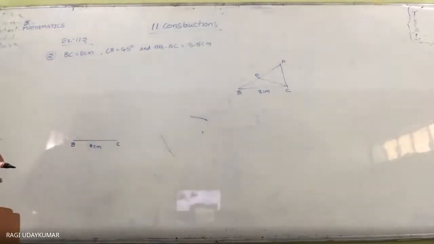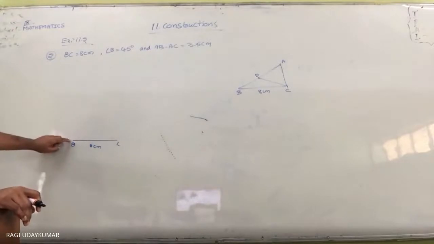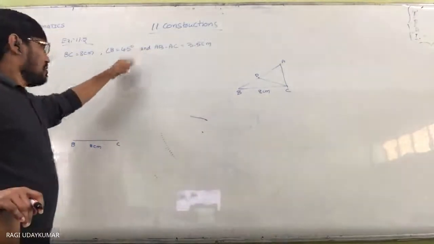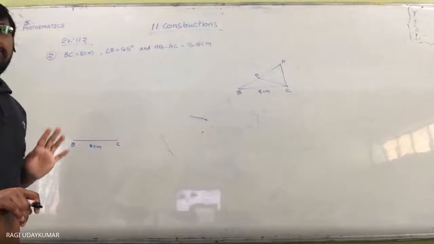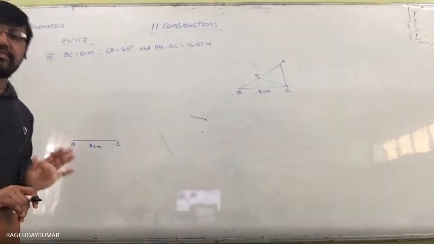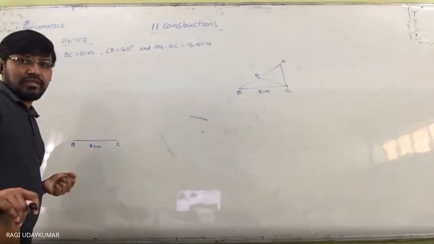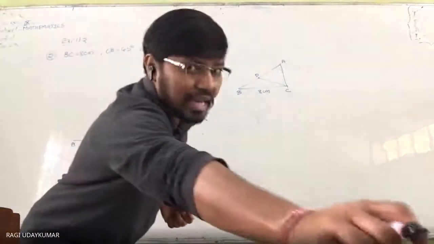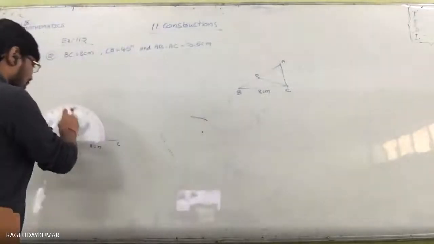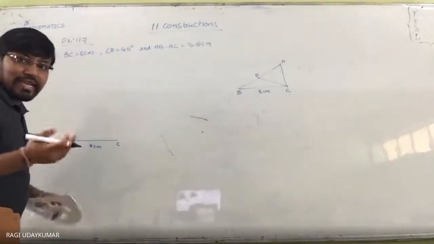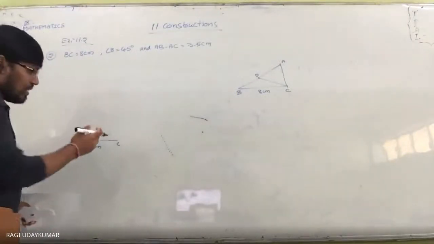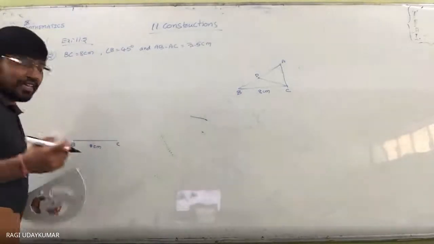After that, at the place of B, you need to draw a ray which makes an angle of 45 degrees. These are the steps. Draw a line segment BC equal to 8 centimeters and make an angle CBX equal to 45 degrees.